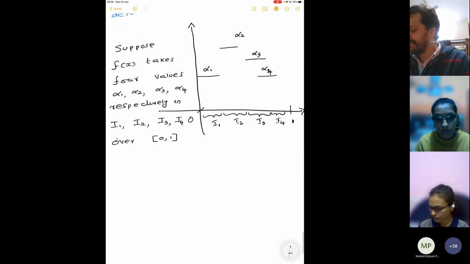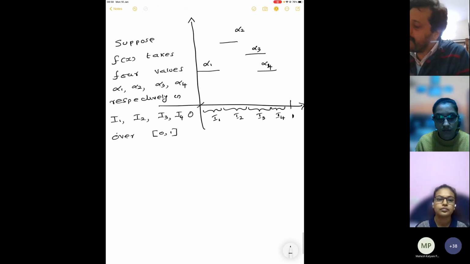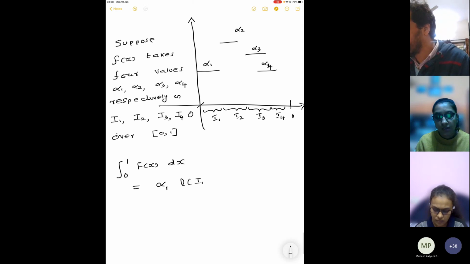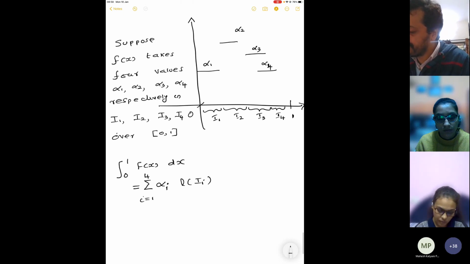Then by Riemann's method, or by common sense, the integral 0 to 1 of f of x dx is equal to alpha 1 times the length of I1 plus alpha 2 times the length of I2 and so on, summation i equals 1 to 4. This is Riemann's idea.